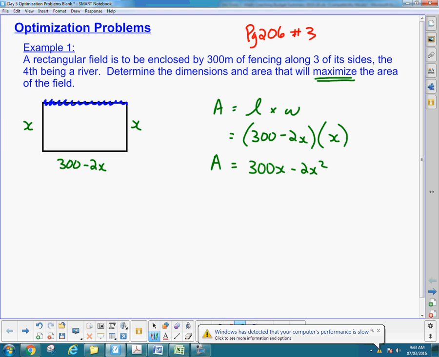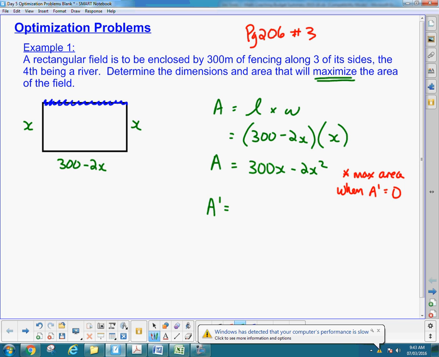And now we get to do a little bit of calculus. We want to know when that area is the biggest. So of course, we know from all the examples we've been doing this unit, we're going to differentiate this function and set it equal to 0, because the max area will occur when A prime is equal to 0. So the good news is this differentiation is pretty easy.